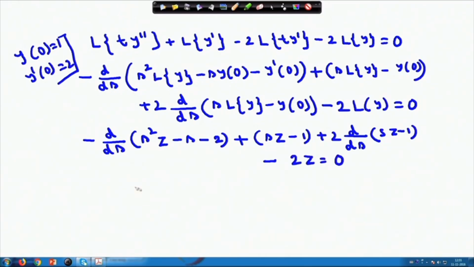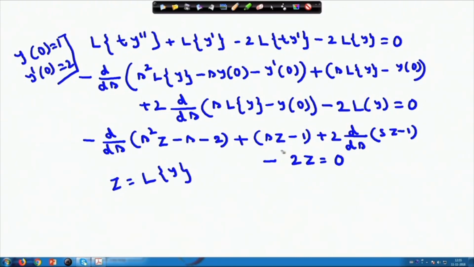So, please note here again, like earlier one, I have assumed that z equals Laplace transform of y. By substituting that, I am just putting Laplace transform of y as z in the given equation.